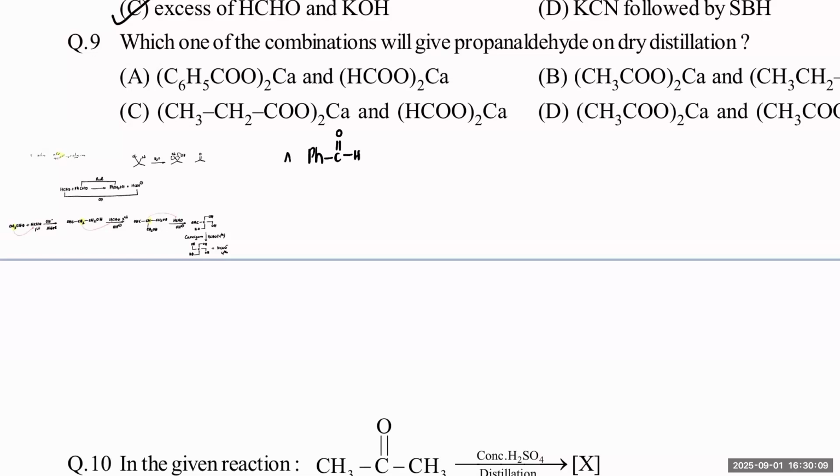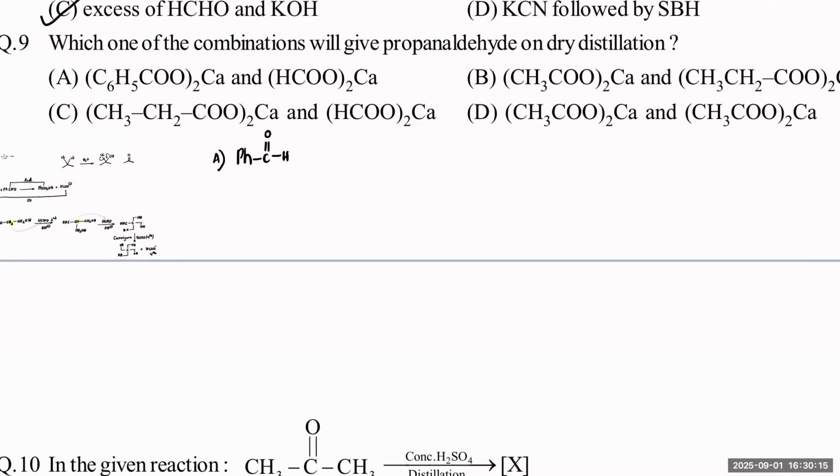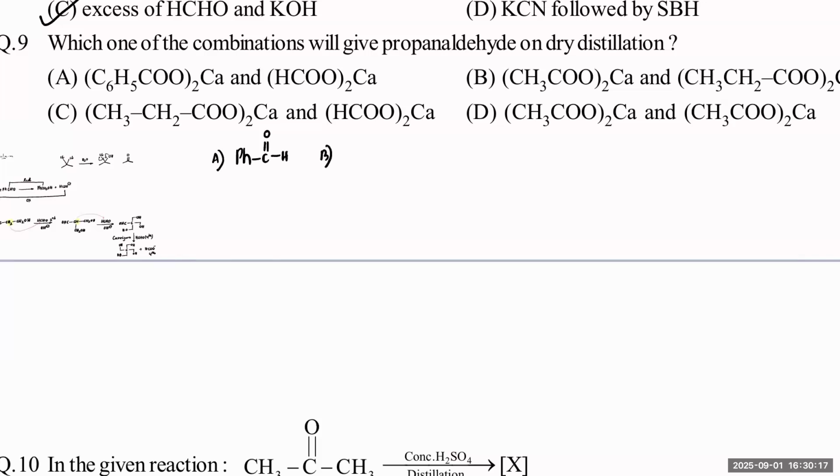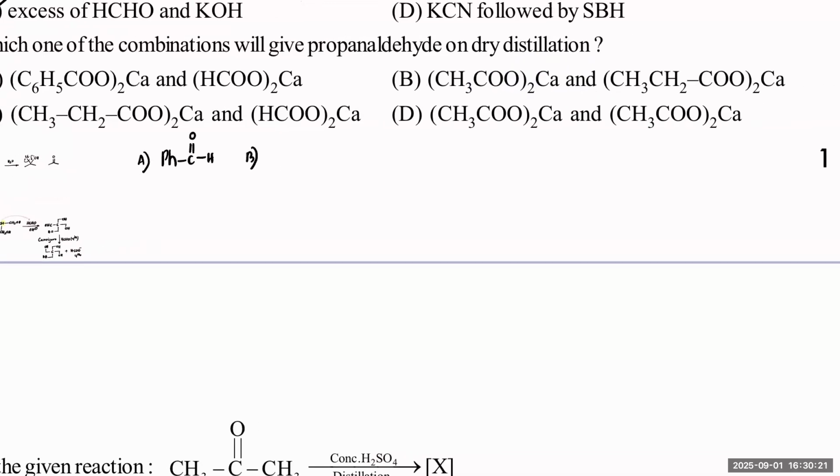So option A is benzaldehyde, correct. And what about option B? For option B, what do I get? If I remove carbon dioxide from here and oxygen from here, I will get CH3, C double bond O, C2H5.